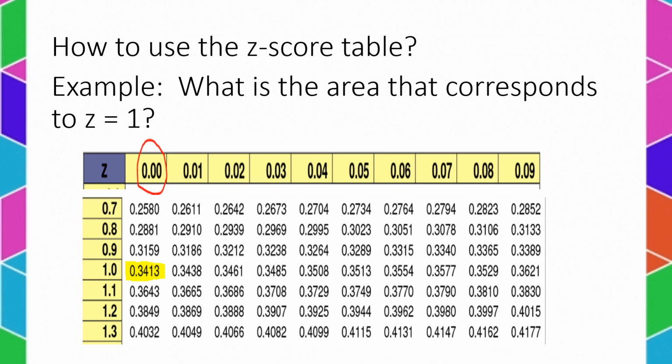So yung naka-shaded value which is 0.3413 is the area that corresponds if z equals 1. So yan na yung hinahanap nating value, 0.3413. Then later, I will show you how to graph using the normal curve.